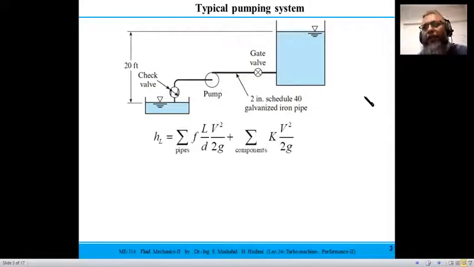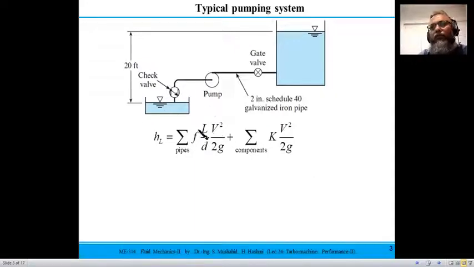So we know that there are head losses associated with this pumping system, which include the head loss in the pipes. So the diameter of the pipe is D, the length of the pipe is L, and f is the friction factor. If you use different types of pipes, that would contribute to the head loss from the Darcy-Weisbach equation, and V is the velocity.